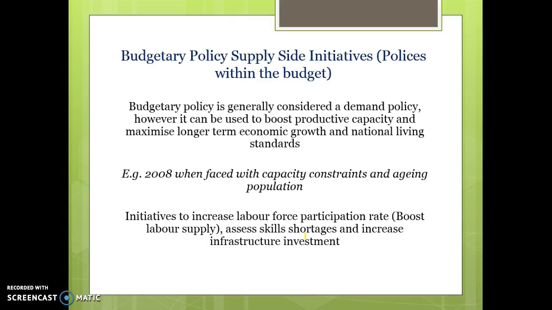It's generally focusing on boosting aggregate demand, but it can be used to boost productive capacity and to influence the supply side of the economy. So if an economy is experiencing capacity constraints or an ageing population, the policy can be used to try and boost participation or productivity and increase our long-term growth rates. The initiatives are generally to increase the labour force participation rate, address skill shortages, or boost infrastructure to get rid of bottlenecks and capacity constraints.